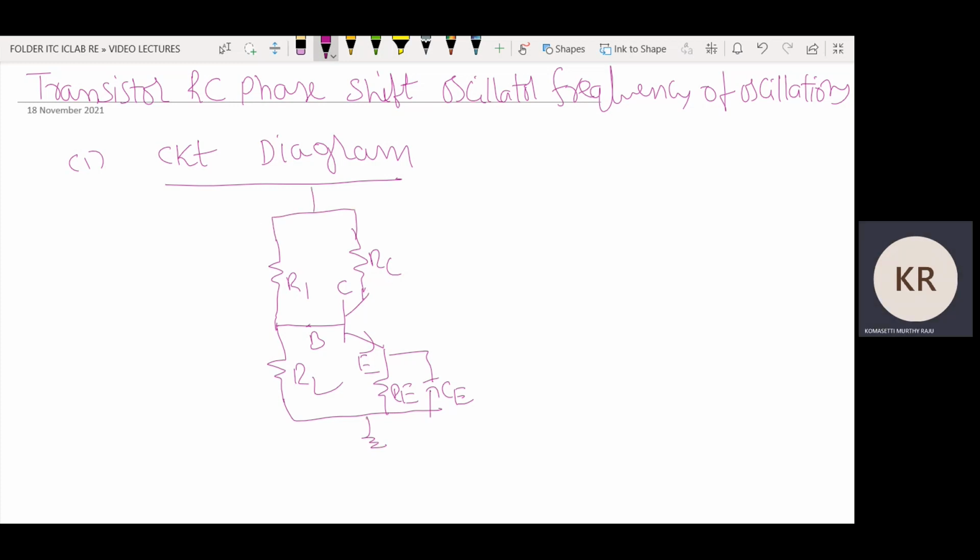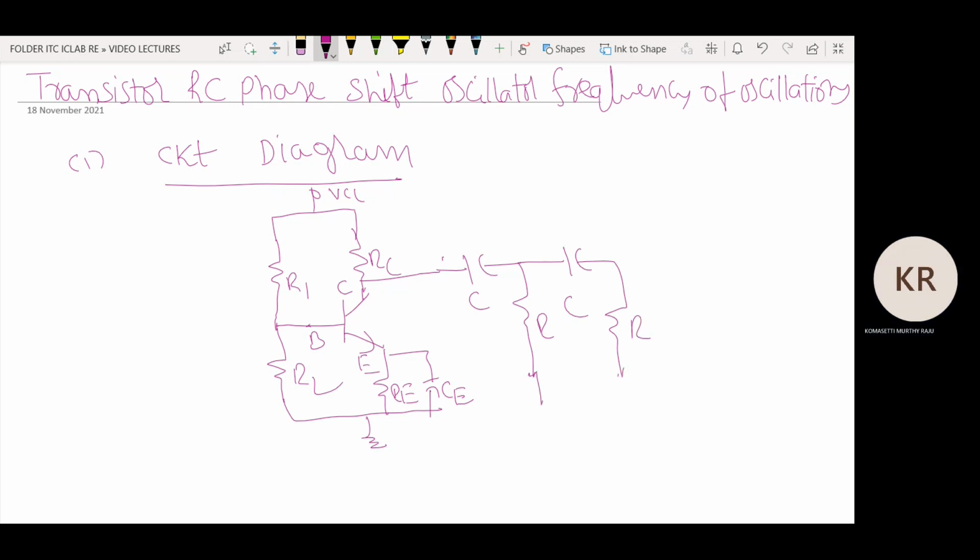Here this is VCC. This is the C, R. This one is C and R. Last, this one is C and instead of R, here we use R3 plus some more.